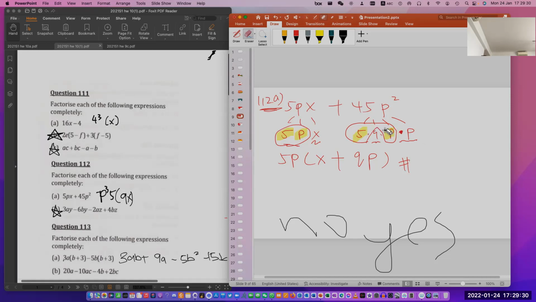So once you have split the terms into individual elements, take out the common factors, 5p here in this case. So once you have taken out 5p, you are left with x, and then plus is between, then over here is 9p, not q. This is 9. All right. So yes, that's how you factorize.